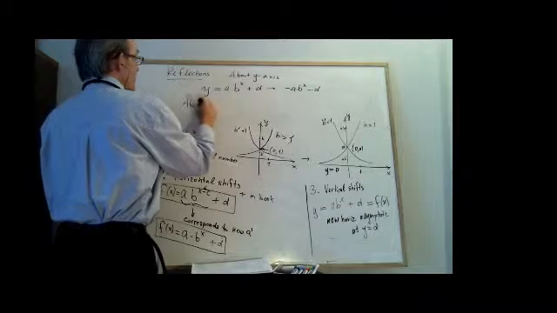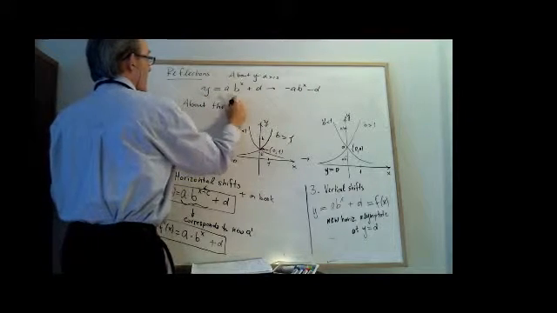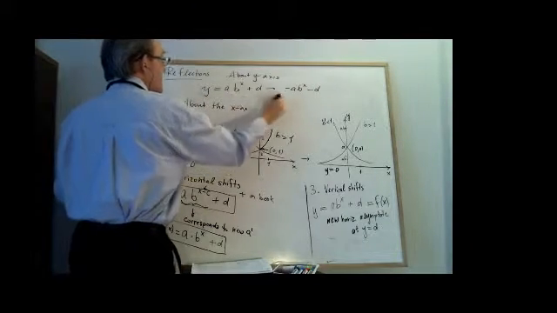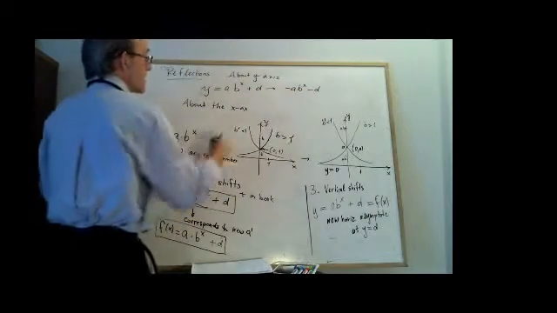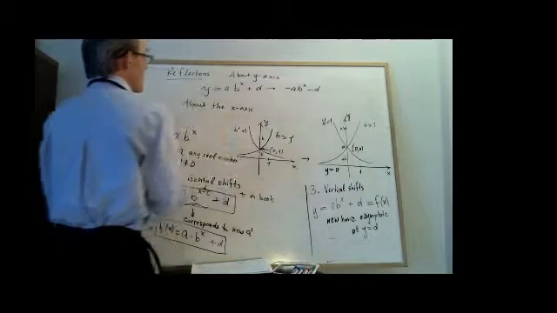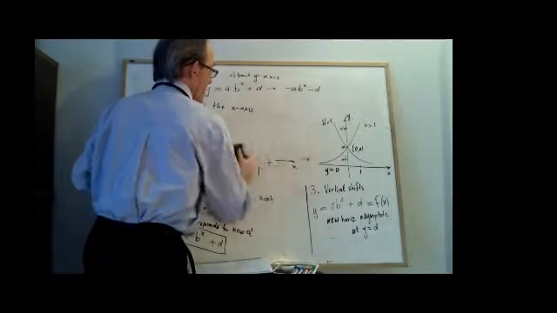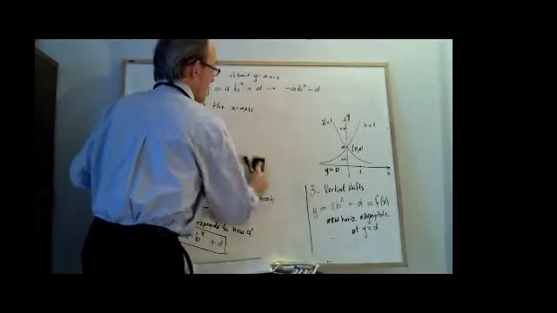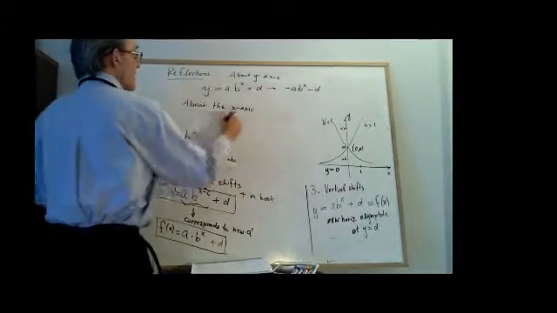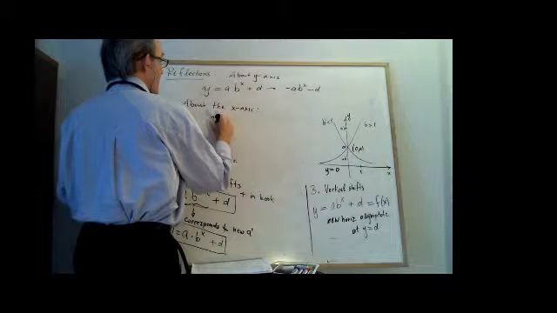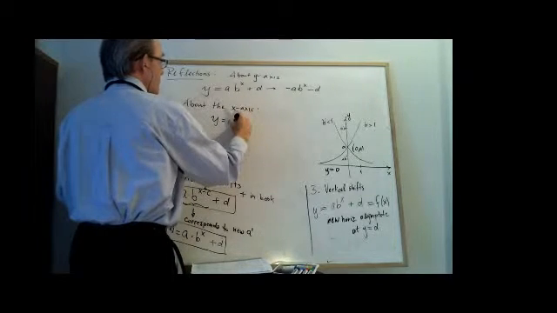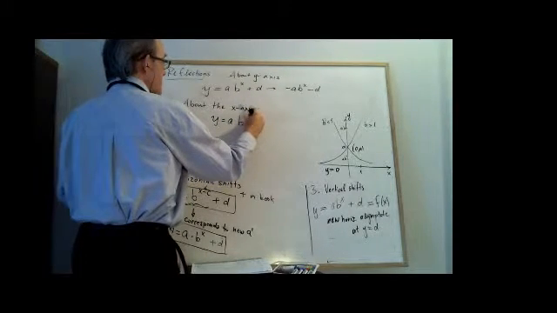And about the x-axis, so this is the same form as we had before, just a different a and a different d. About the x-axis, it will be obtained by putting a minus in front of the x.